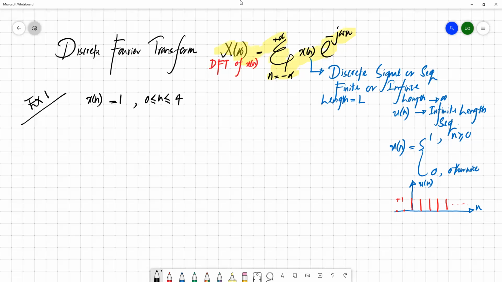From 0 to 4, we have non-zero values for x[n]. If you draw it, this is n: 0, 1, 2, 3, 4. It's something like that.